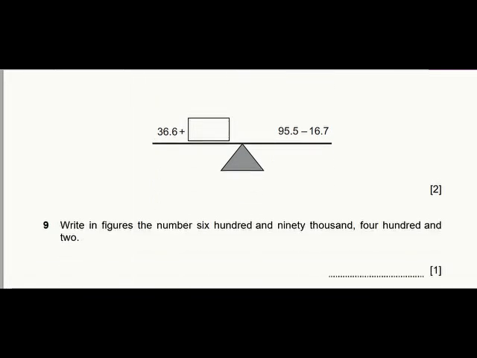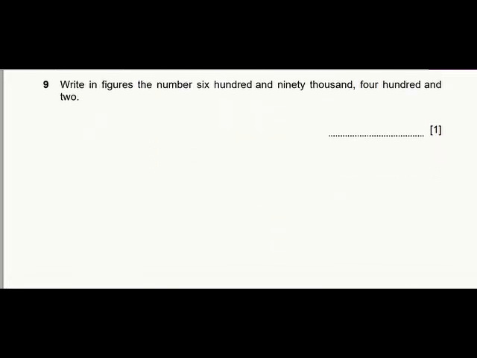So let's keep on doing. That's it. Exercise 9. Write in figures the number 690,402. So look at this. Figures. What do you mean by figures? Well, in Spanish it is cifra. Yep. But what it means is I want to write it with numbers, the given number.